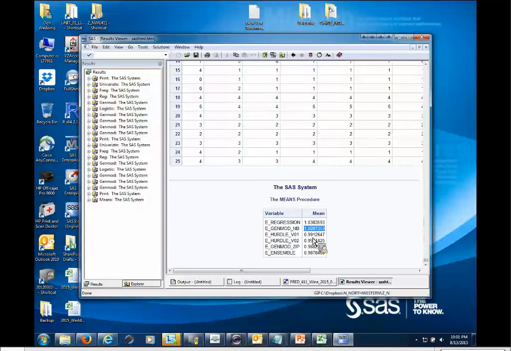My hurdle model was off by 0.99 of a case. My other guy was 0.99, 0.98, and my ensemble was my closest guy. In other words, averaging these guys. Remember I sent you guys all those links to the wisdom of the crowd? That's what an ensemble is doing, just taking everybody and averaging it out. So anyways, he's my best answer, but he's not really that much better than my regression.